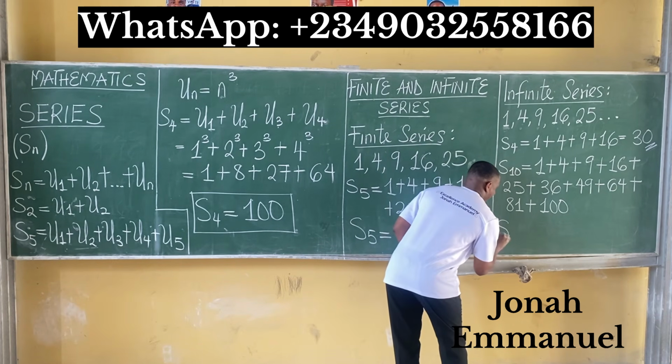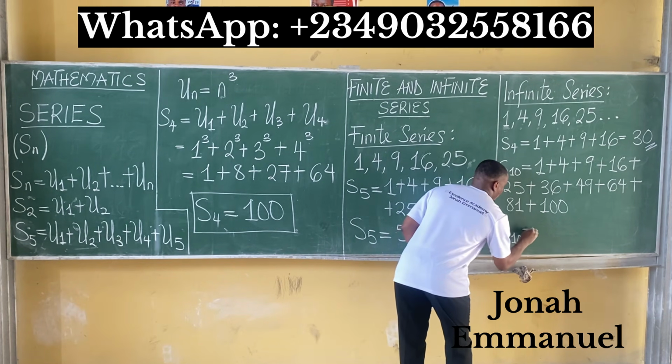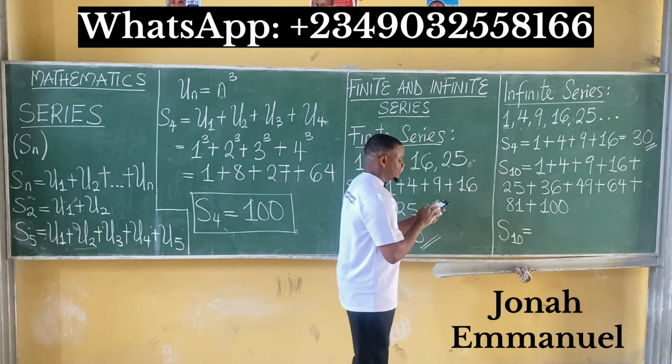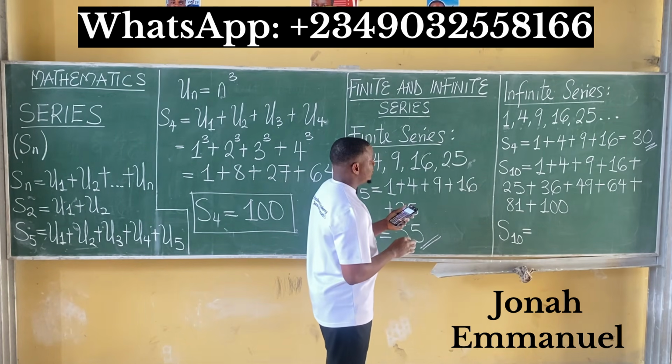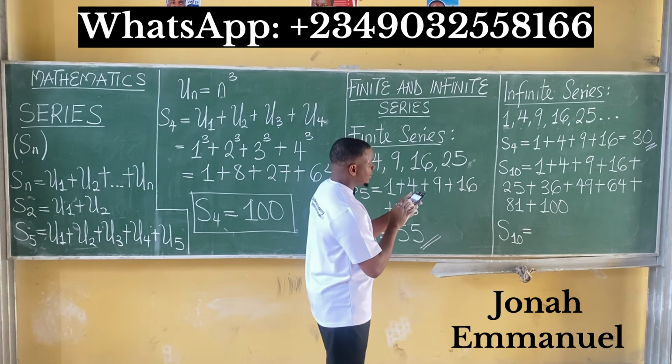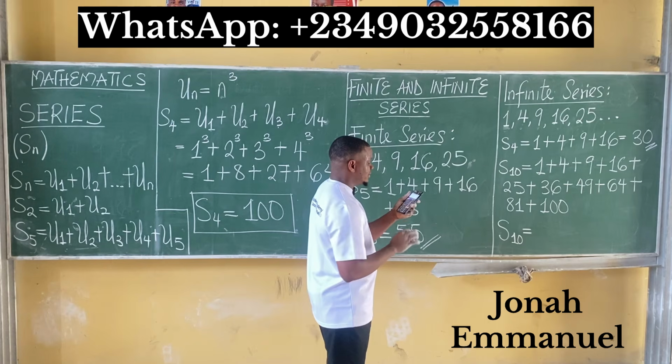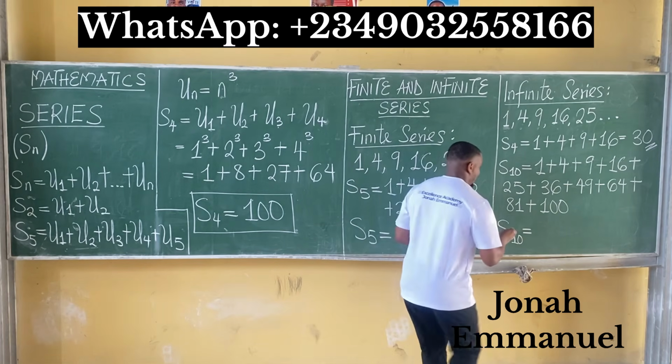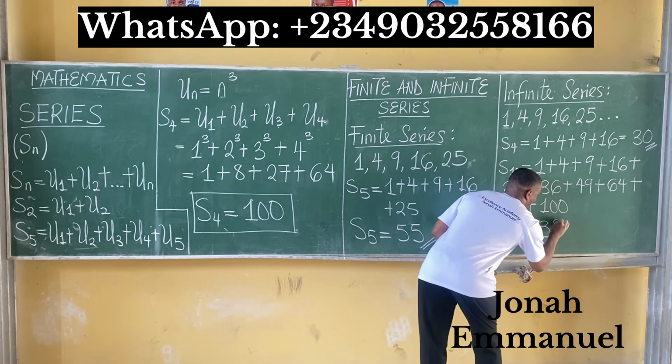From here, S10, the sum of the first 10 terms, becomes 1 plus 4 plus 9 plus 16 plus 25 plus 36 plus 49 plus 64 plus 81 plus 100. You get your answer as 385.